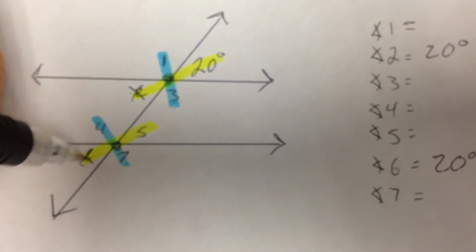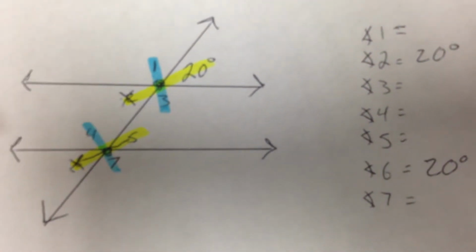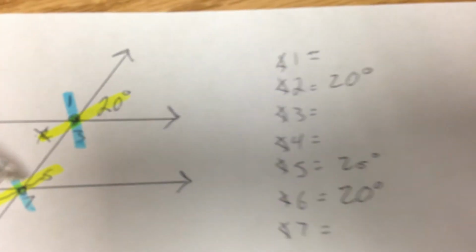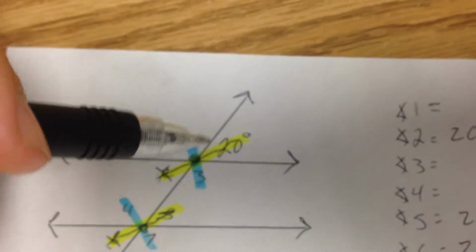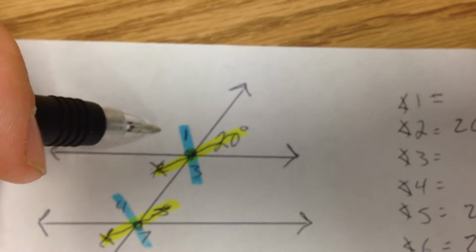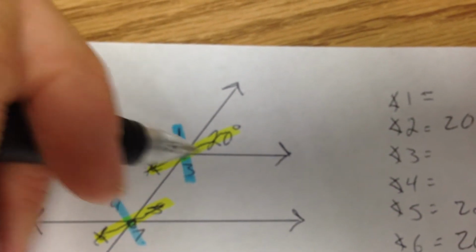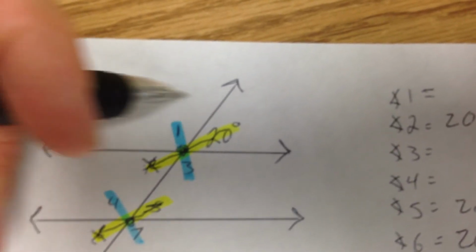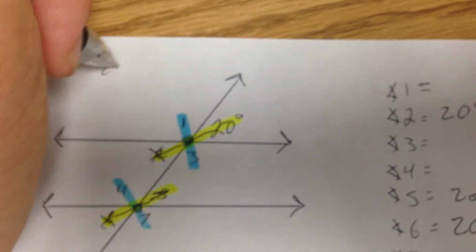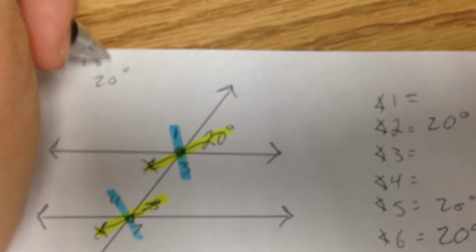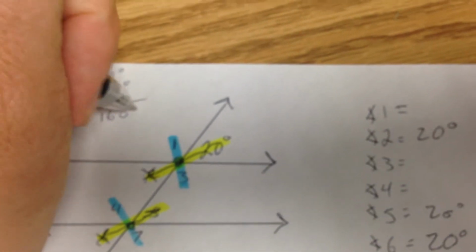Then we just go back to the vertical angle that we already did. So 6 and 5 are going to be equal, just like 20. So now we've basically covered all of the ones that we knew. Now it's pretty easy to figure out the other side because we know that a supplemental angle on a straight angle has to equal 180. So we would just take 20 degrees out of 180, and that's 160 degrees.